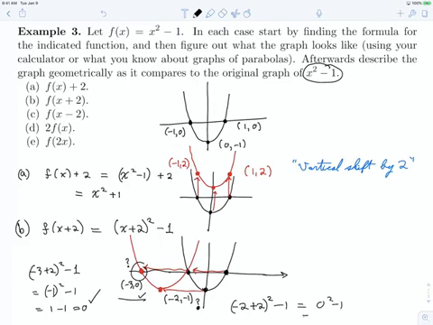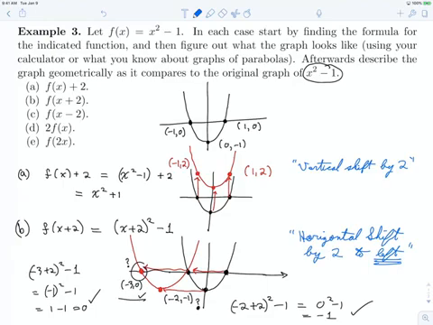That gives us 0 squared minus 1, which is -1, which is what I claimed was the right y value. So both of those points move to the left. And now I'll describe the whole transformation as a horizontal shift to the left by 2, or horizontal shift by 2 to the left. You can say it in either order.